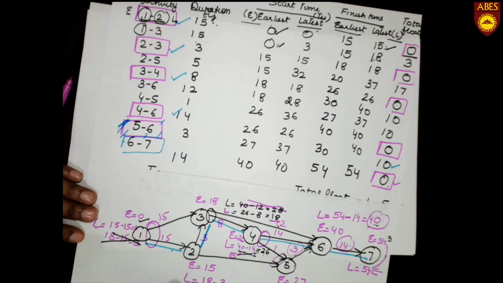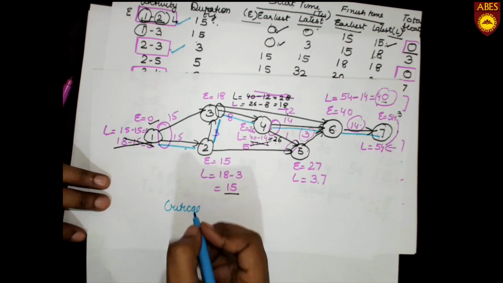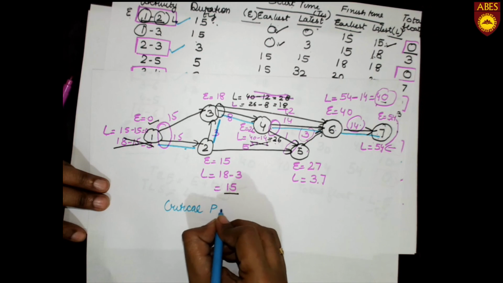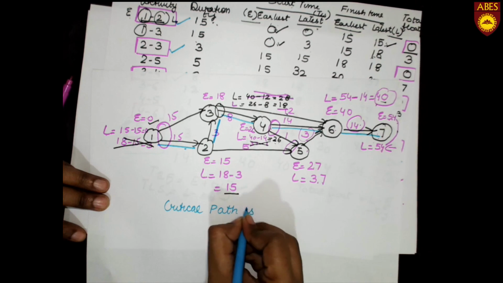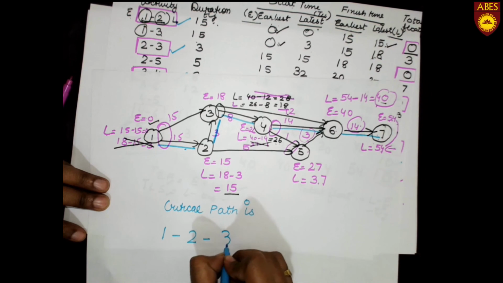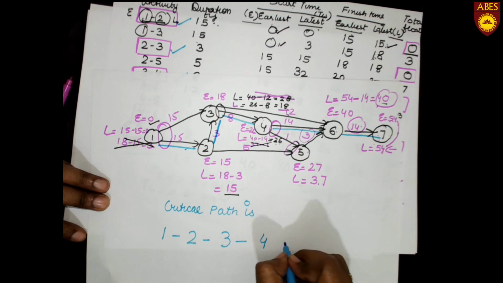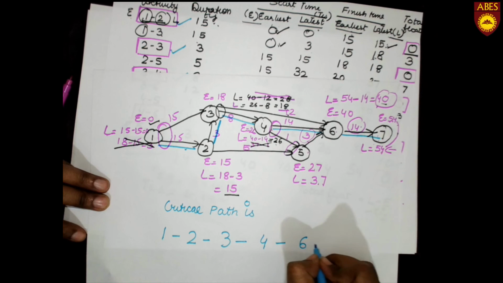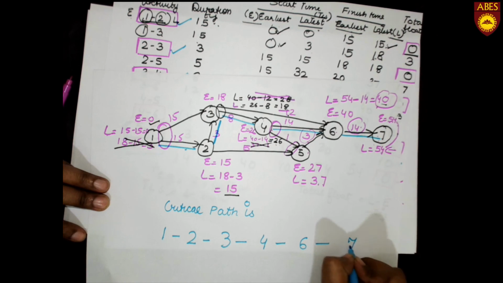So our critical path is 1 to 2, 2 to 3, 3 to 4, 4 to 6 and 6 to 7.